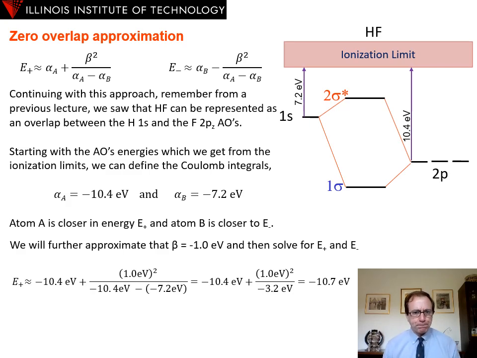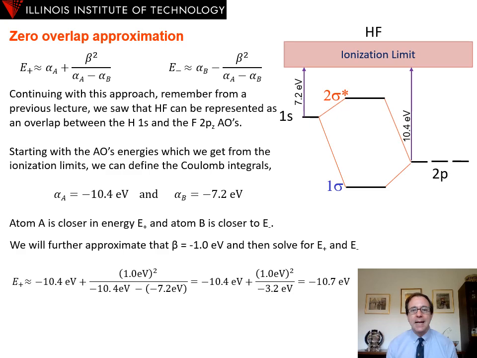Excuse me. And we get alpha A, that is minus 10.4 electron volts, plus 1 electron volt squared over the difference between the two, which is minus 10.4 electron volts minus minus 7.2 electron volts, which is minus 3.2 electron volts. 1 electron volt cancels with each, and we get about minus 0.3 electron volts.